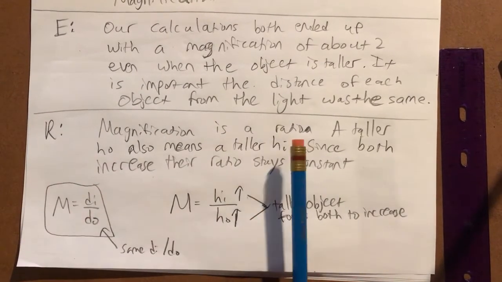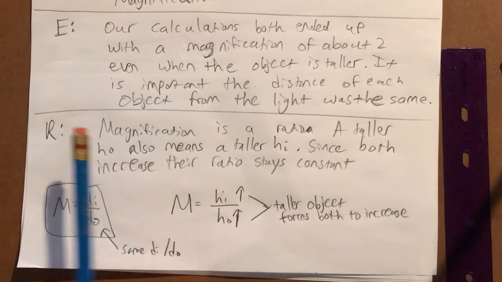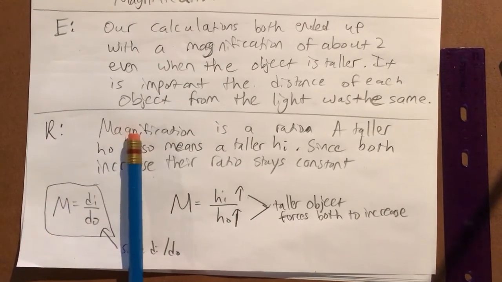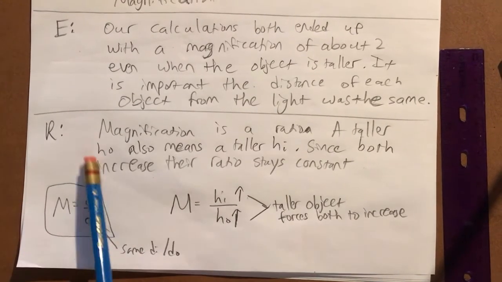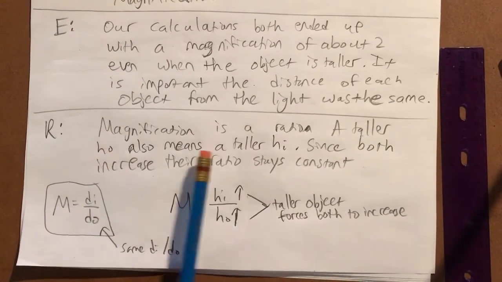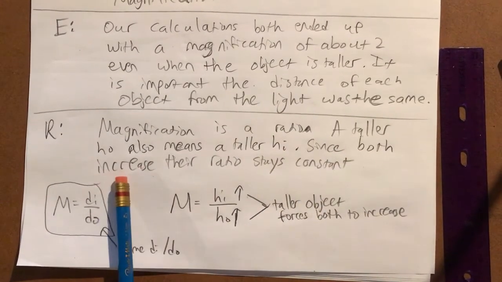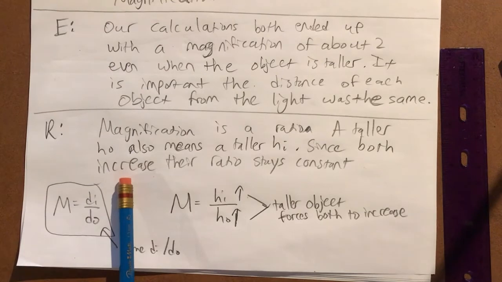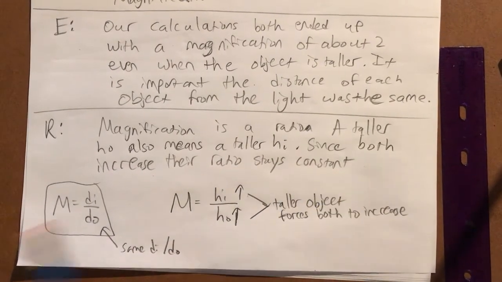Magnification is a ratio. So remember, reasoning always comes from your notebook, all right? We're going to use these formulas. So using the heights formula, magnification is a ratio. A taller height of the object also means a taller height of the image. And since both increase when the object is taller, their ratio, when you divide them, stays constant.